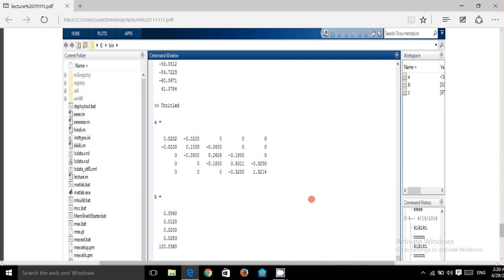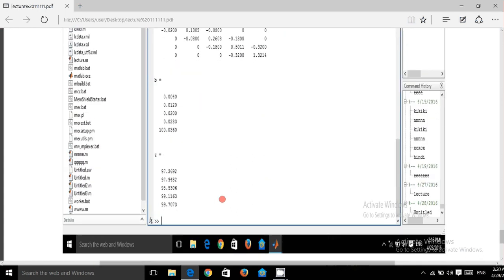Here I use MATLAB. By writing the A matrix and B matrix, I find this result, which is 97, 97, 98, 99, 99. For those who don't know how I get Z, Z is equal to A inverse multiplied by B matrix. And then I will find Z.